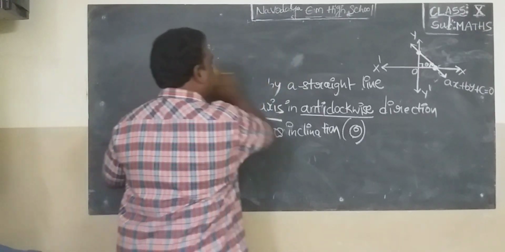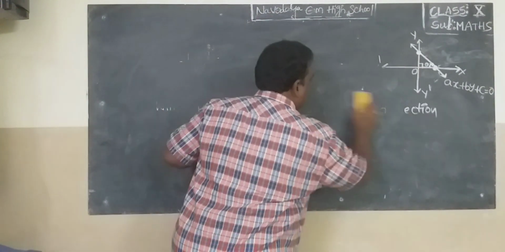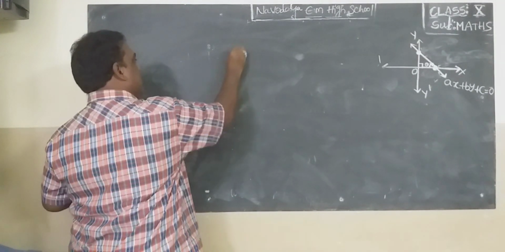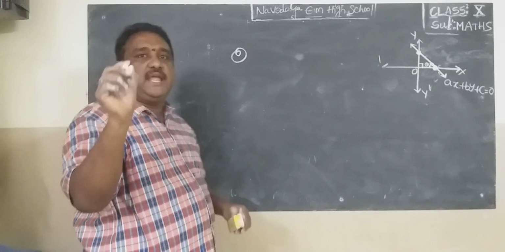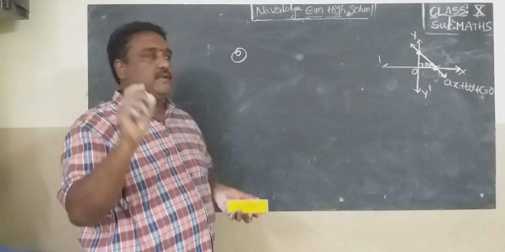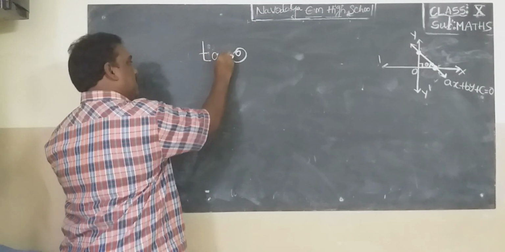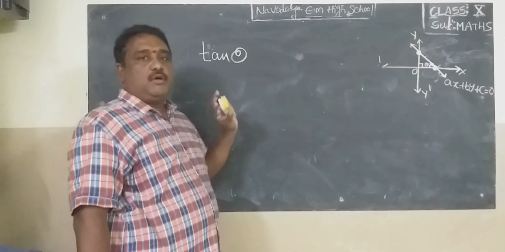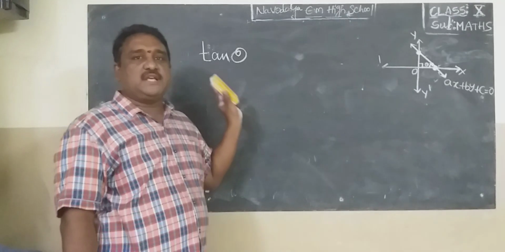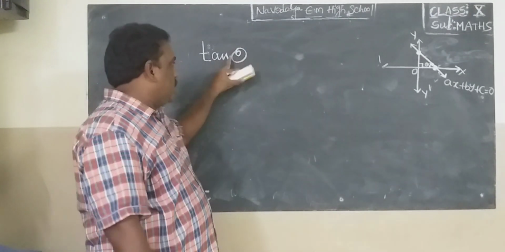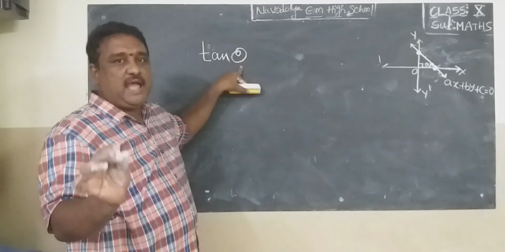Next, about slope. What is theta? Theta is nothing but inclination, angle. Then apply tan. In trigonometry, one ratio is there, known as tan, full form tangent. So theta is inclination, angle.